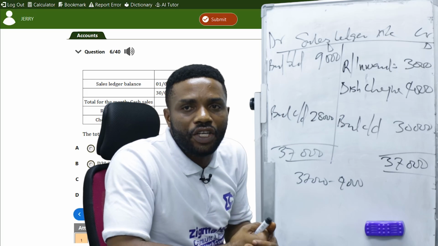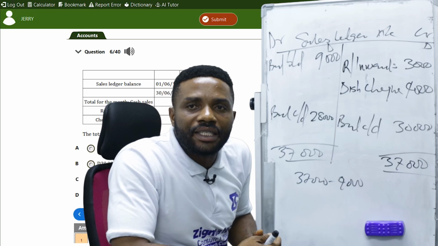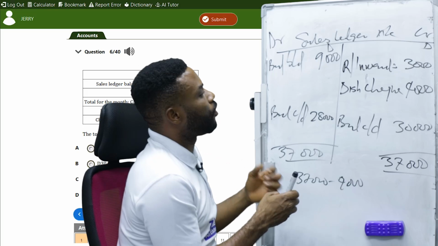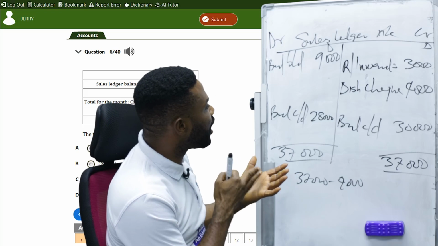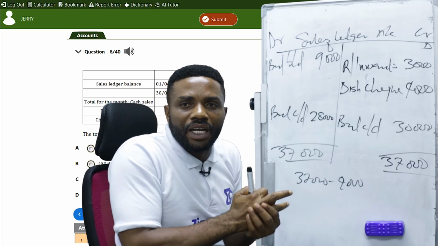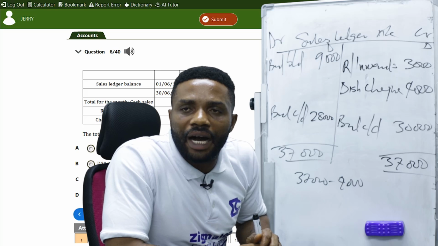So what they are asking you now is, what is your total sales for the month? Your total sales for the month is basically your credit sales plus your cash sales. Now, the cash sales in the question is 10,000.